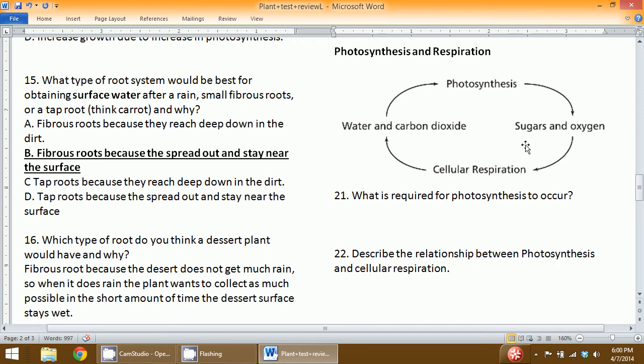So what is required for photosynthesis to occur? Well, we need water and carbon dioxide and light, and energy in the form of light. Because whenever we make that sugar and oxygen and do cellular respiration, that light energy will be released. The light energy that was stored during photosynthesis will be released during cellular respiration.